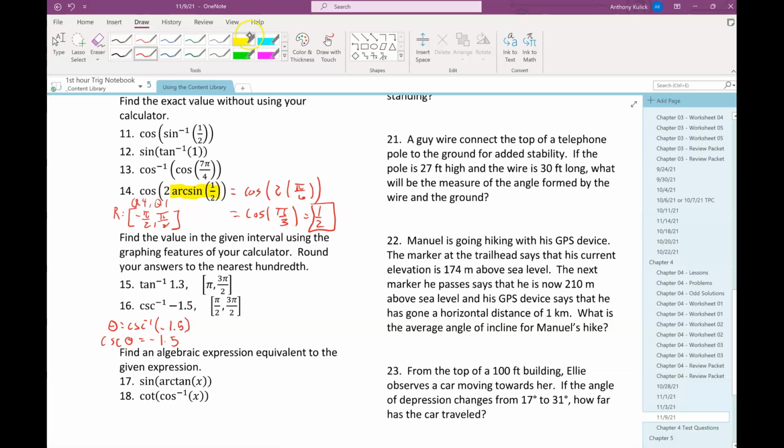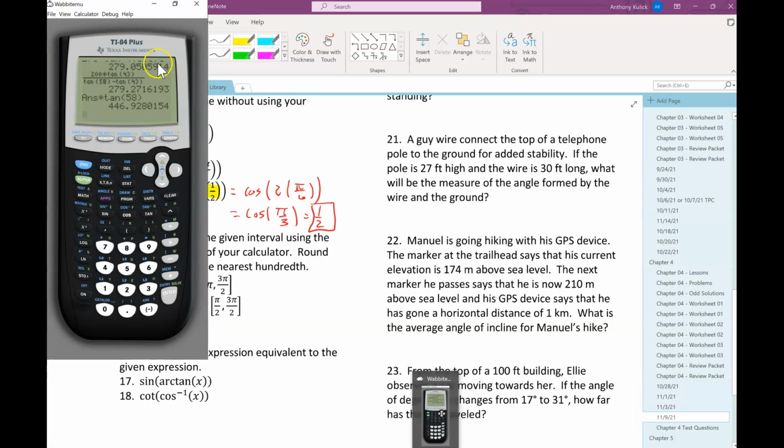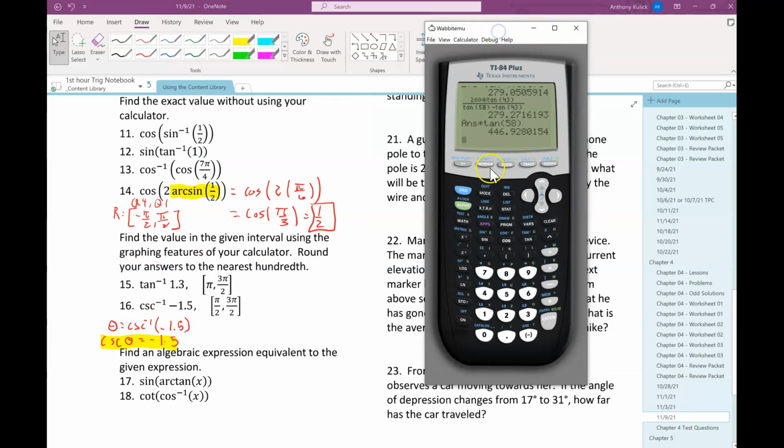It's the second one that I'm going to use on my calculator. So I'm first going to change my mode to radians. From the range of values it asks me to find the answer in, it's clear that those are radian values. So I'm going to change my calculator back to radians.